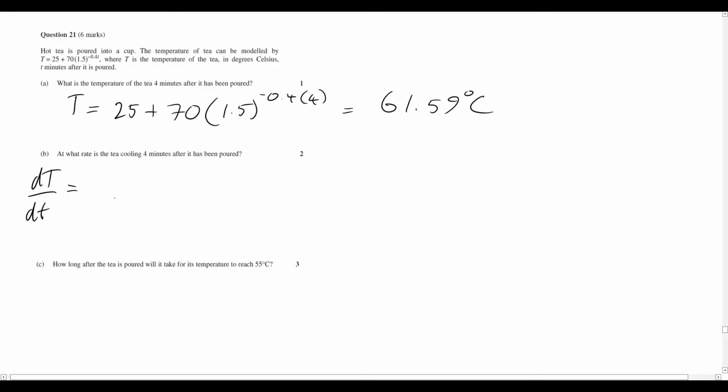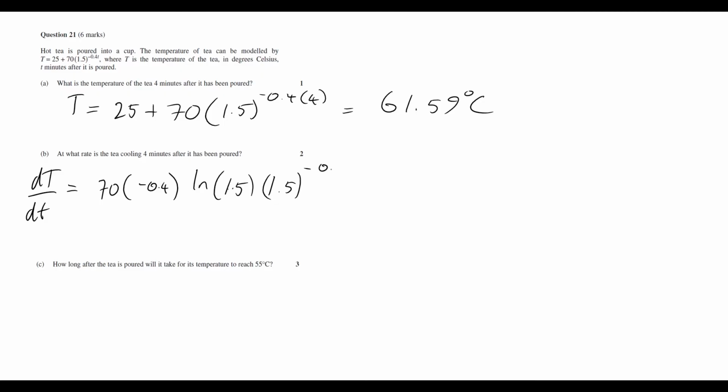So dT on dt is going to now be equal to 70 times by minus 0.4, bringing that down from the index there. And now it's also going to be times by the natural log of 1.5, so that base number there. And then again, finally, times by 1.5 to the power of minus 0.4 t.